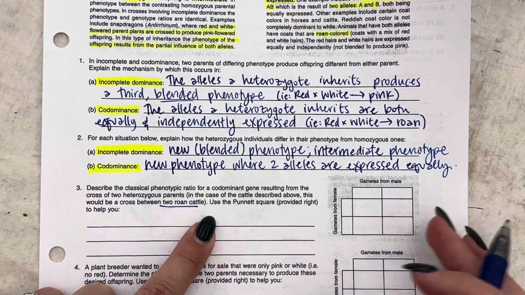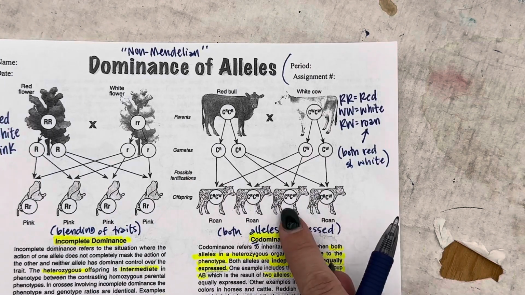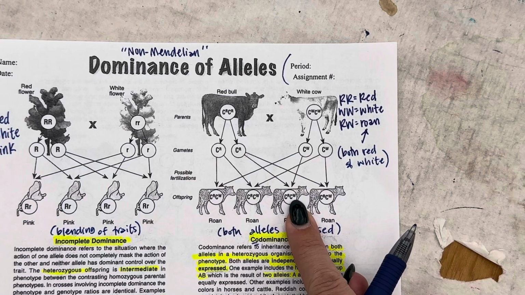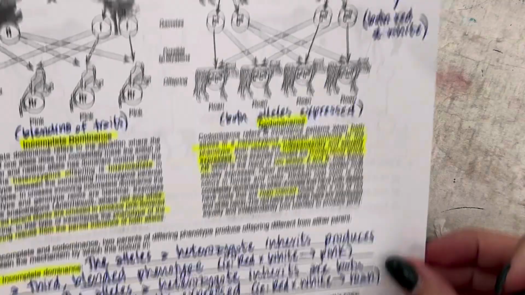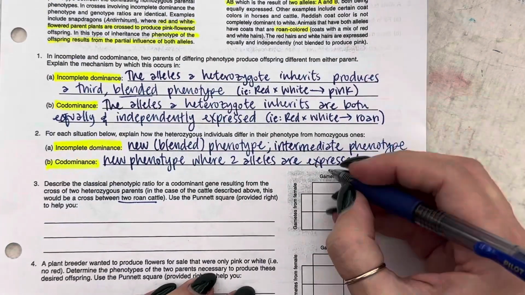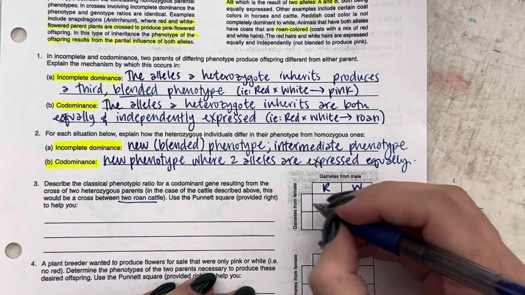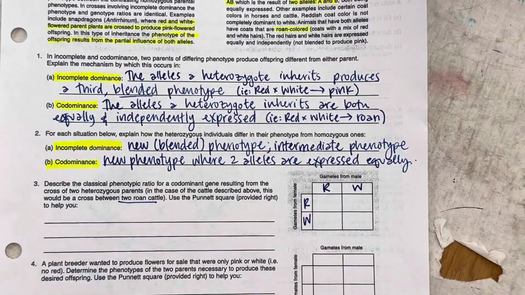So if they're roan cattle, we can take a look at our example up here. We know roan cattle are going to have 1 red allele and 1 white allele. So we can abbreviate that with a capital R and a capital W. And in setting up our Punnett square, we know we need to separate them across and down the side because each parent is going to be donating only one of their two alleles. So go ahead and fill out that cross.